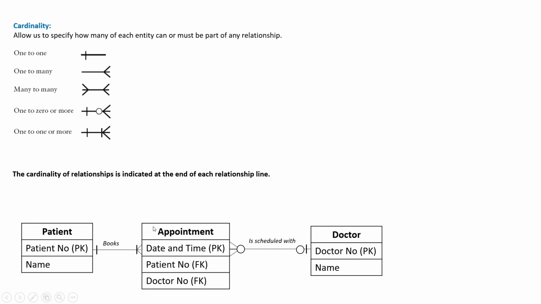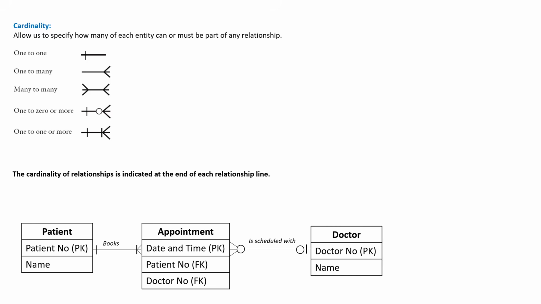And the same can be said if you look at this relationship in reverse: one or many appointments is booked by one patient. And if we go to this side, one or zero doctors is scheduled with zero-to-many appointments. And the same can be said in reverse.